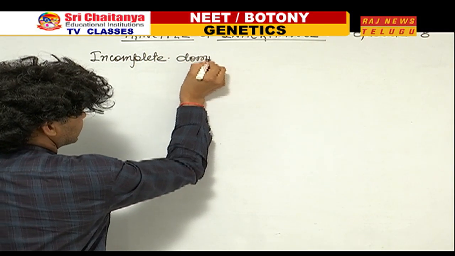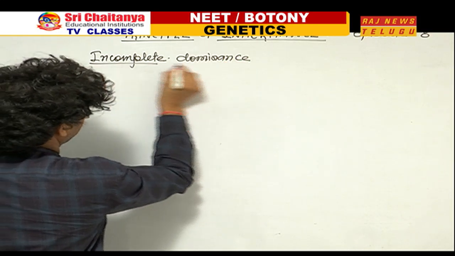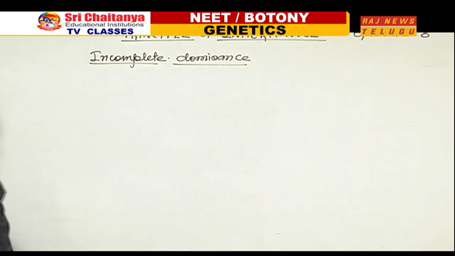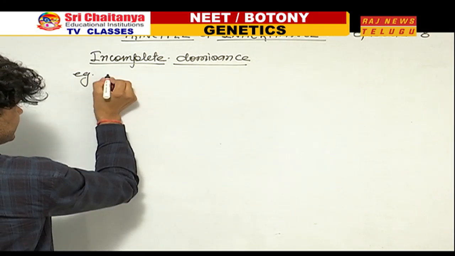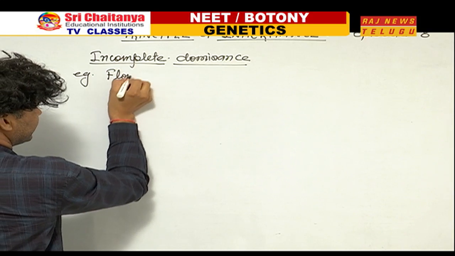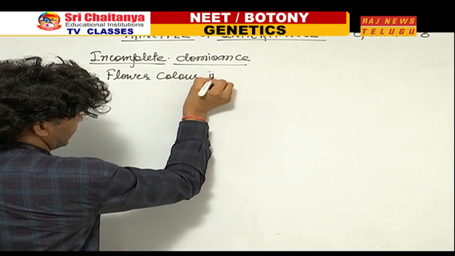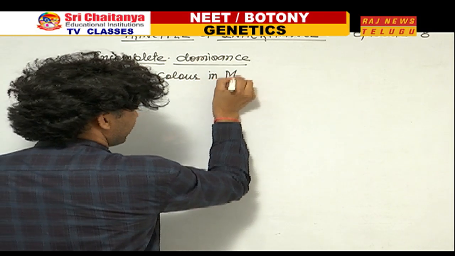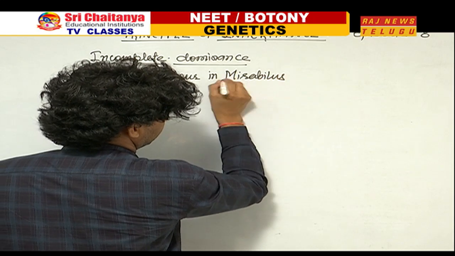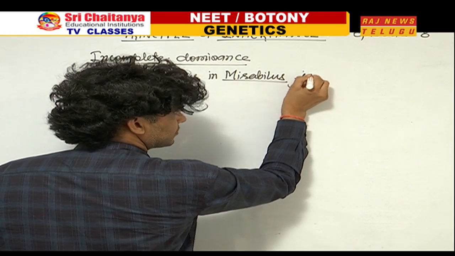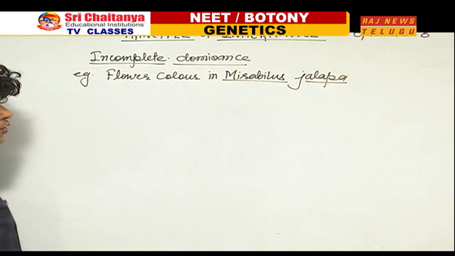Incomplete dominance. Example: flower color in Mirabilis jalapa, popularly called the four o'clock plant.